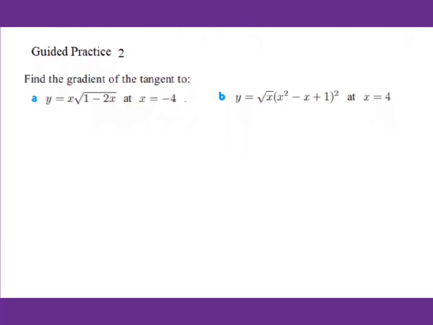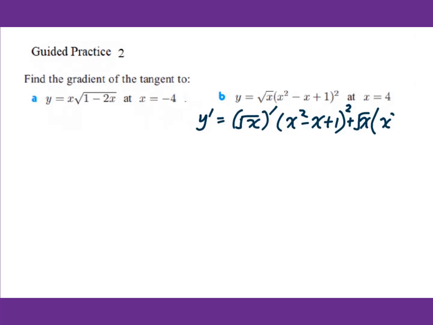For B, still we need to figure out the derivative for this y. So we do the derivative for square root of x times the second function. Then plus square root of x, we have to do the derivative for this function.